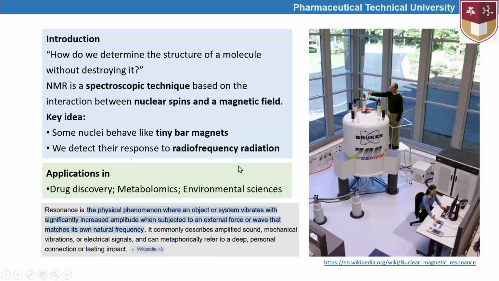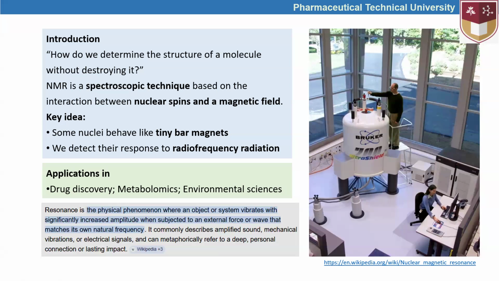And in the term NMR, we have resonance. Let's remember what resonance is. Resonance is the physical phenomenon when an object or system vibrates with significantly increased amplitude when subjected to an external force or wave that matches its own natural frequency. So the point is the increased amplitude. That increased amplitude helps us find the signals that belong to different atoms.